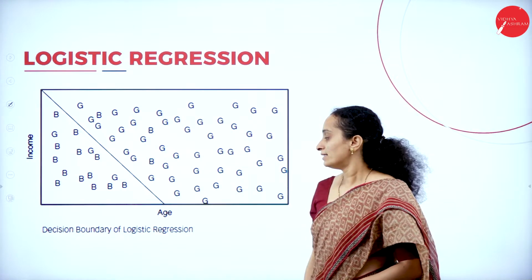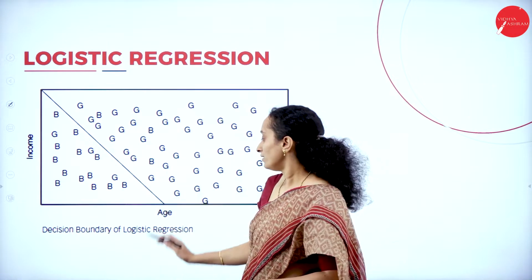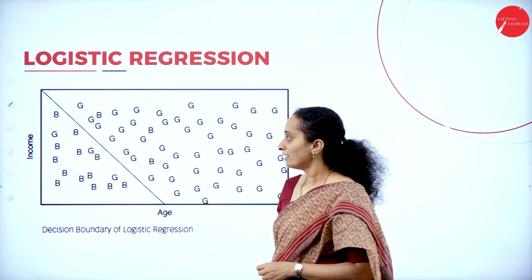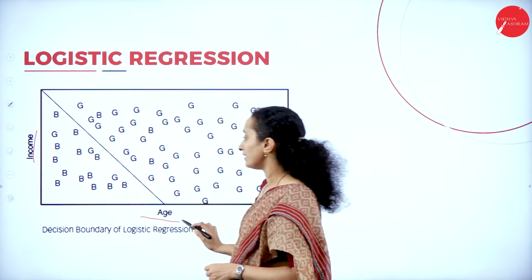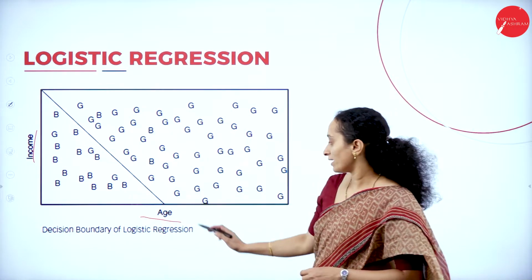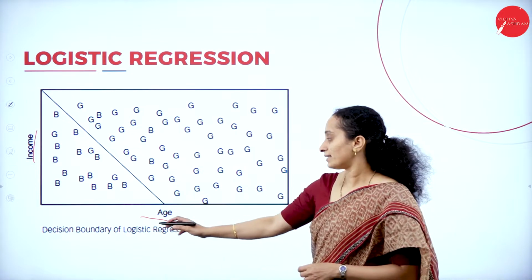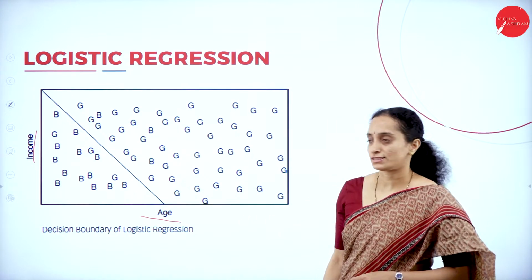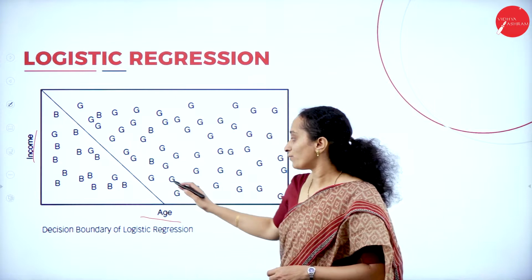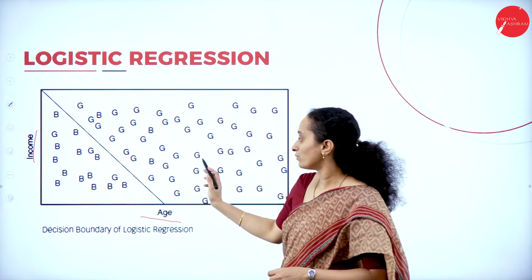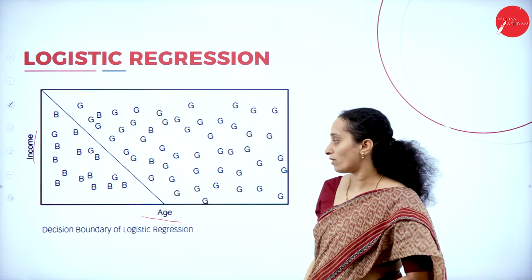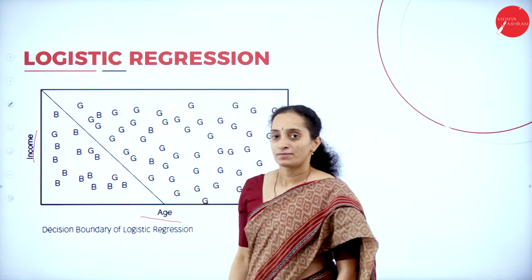So we have the decision boundary of logistic regression, where we use the income and the age. The decision boundary will take the goods and bads, and according to that it will be taken.